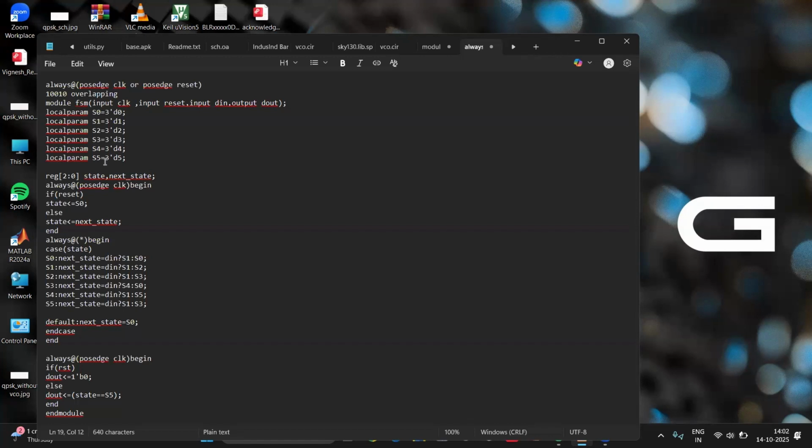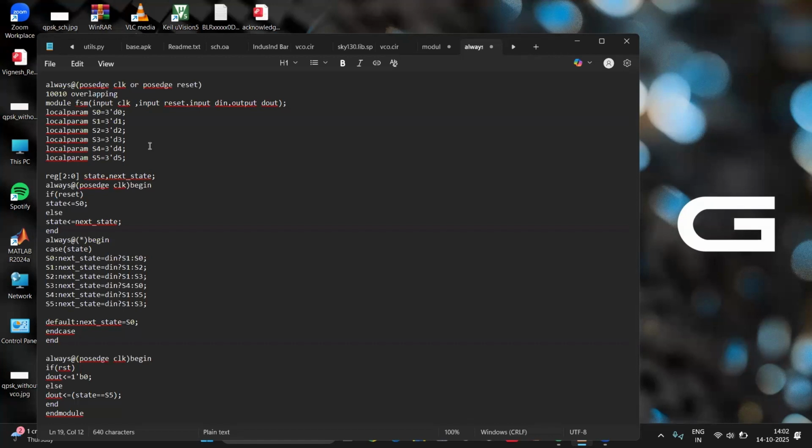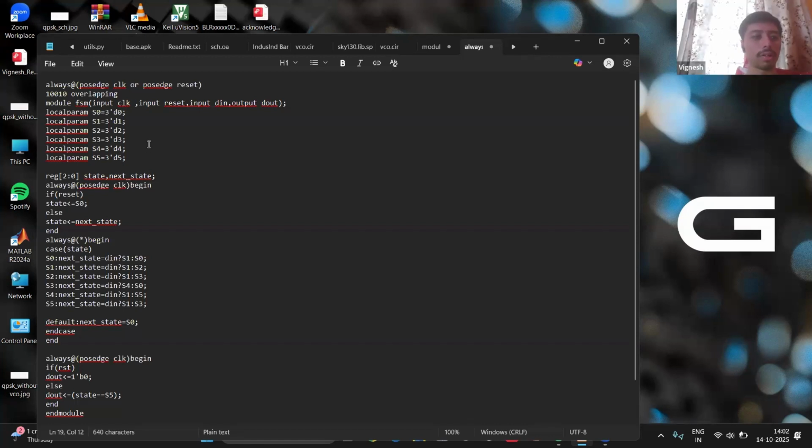Parameter is also resolved, right? Why have you not used the parameter, and why did you use localparam instead of parameter? Before, while writing code, I was using localparam for declaring the state machines.